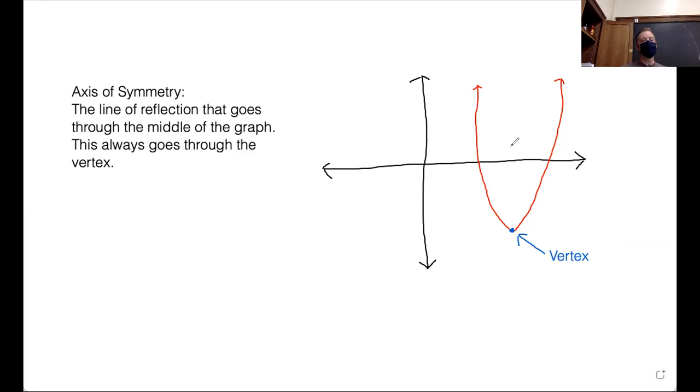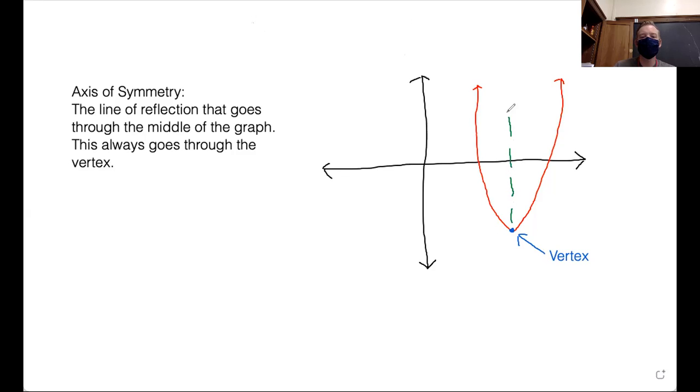But you see how both sides of the graph here are the same? Well, they should be the same. They don't look exactly the same because my drawing isn't perfect. But if we were to draw a line through the middle of our graph right here, I'm going to make it a dotted line.